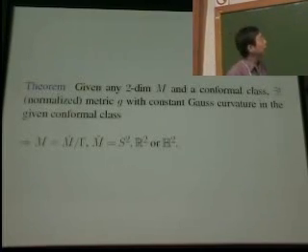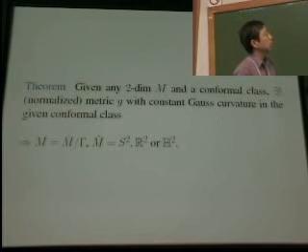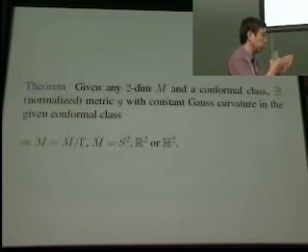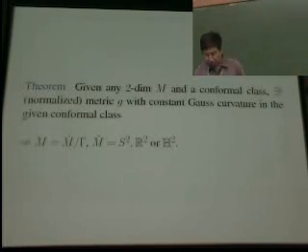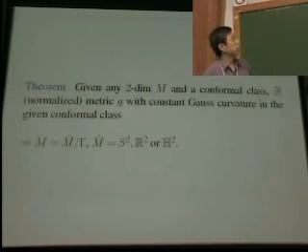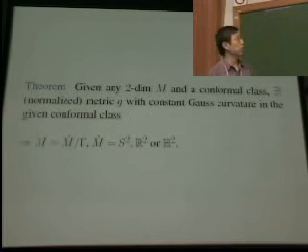Given any two-manifold and a conformal class, which simply means a class of metrics that differ only by scalar factors, there is always a metric with constant Gauss curvature. That means the previous equation is always solvable.